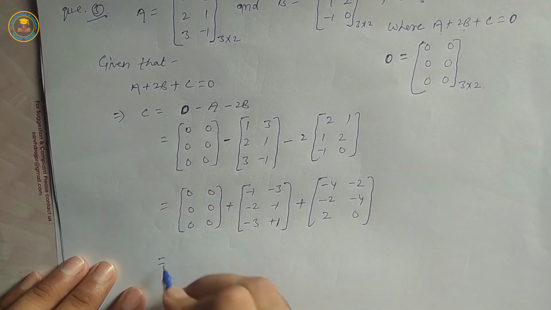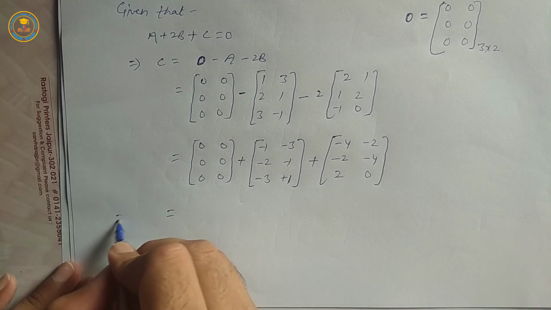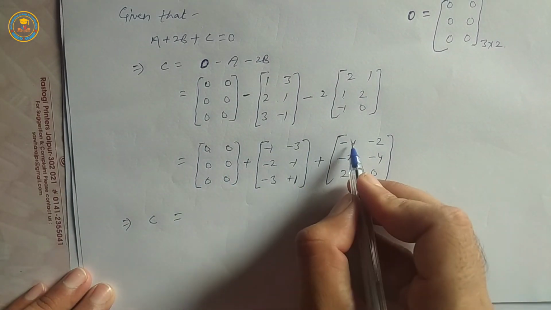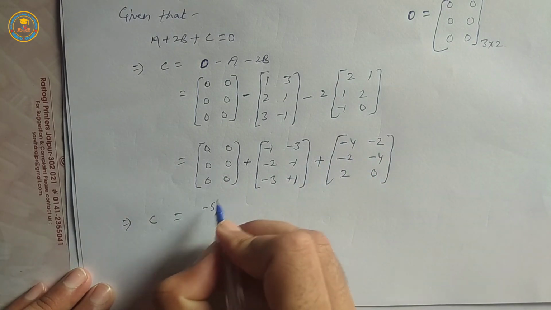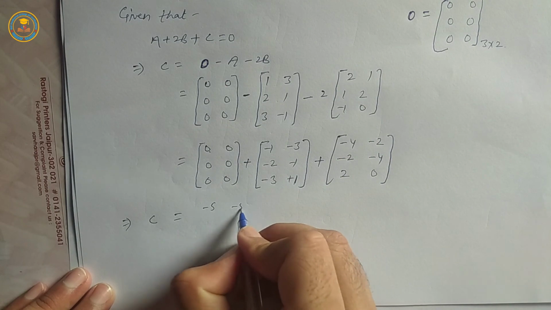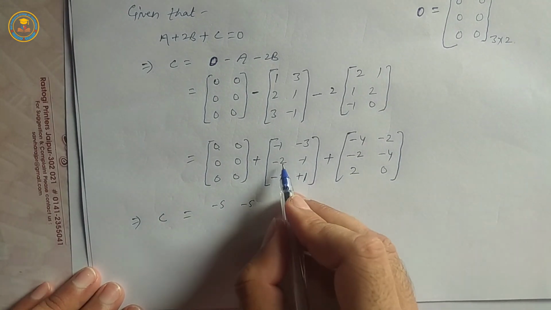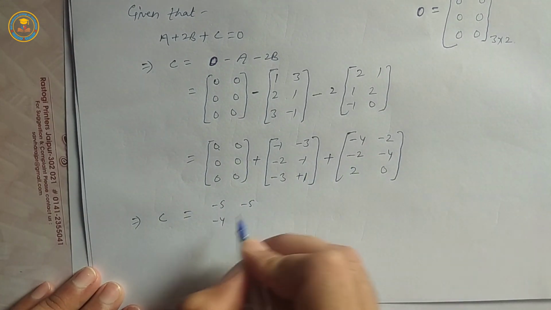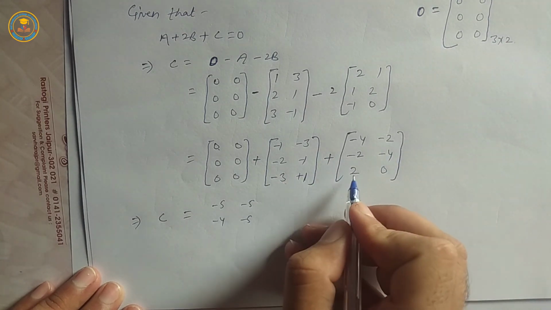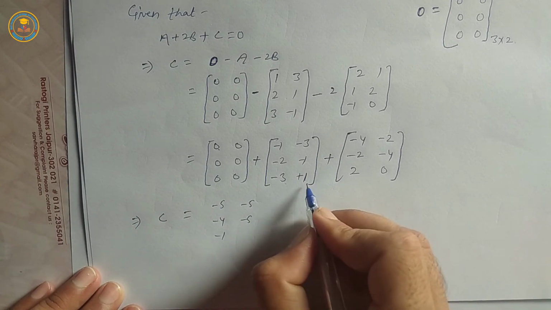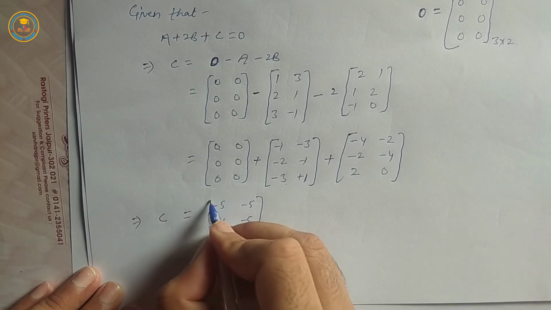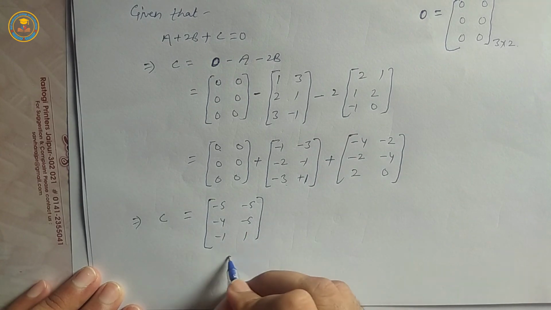Okay, implies C is equal to 0 minus 1 minus 4, it means -5, 0 minus 3 minus 2, it means -5, -2 minus 2 minus 4, -1 minus 4 is -5, -3 plus 2 minus 1, 1 plus 0 is 1. That is the answer.